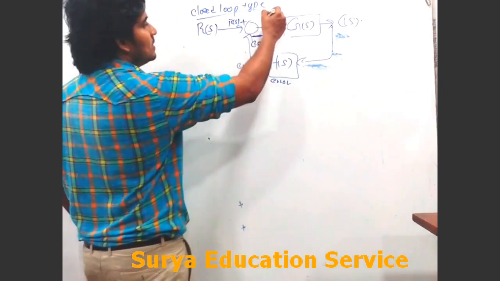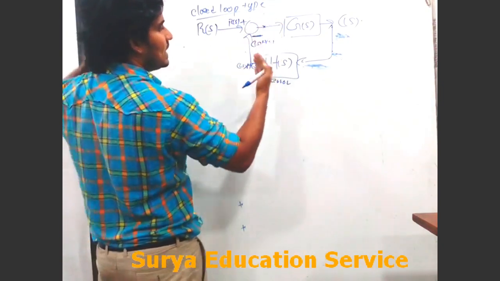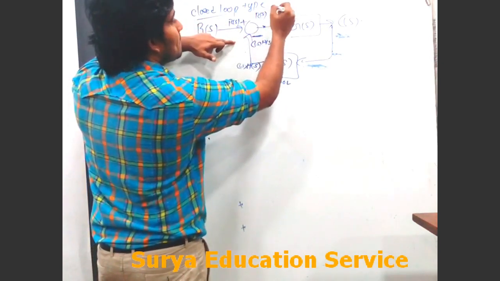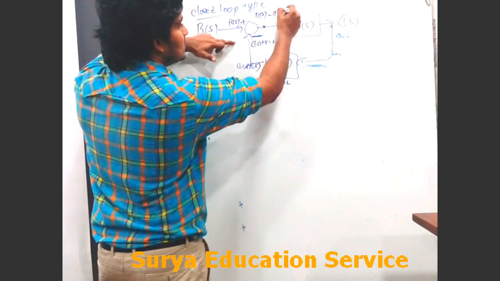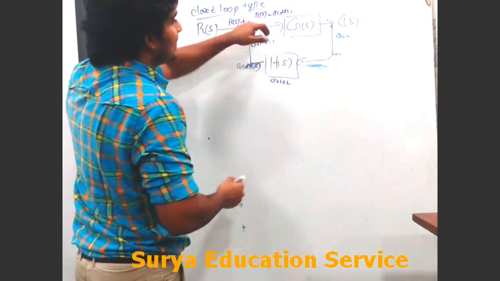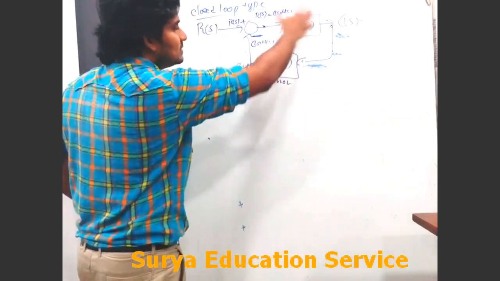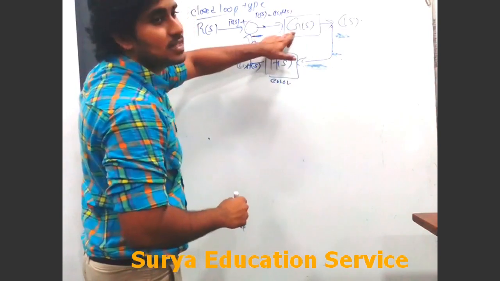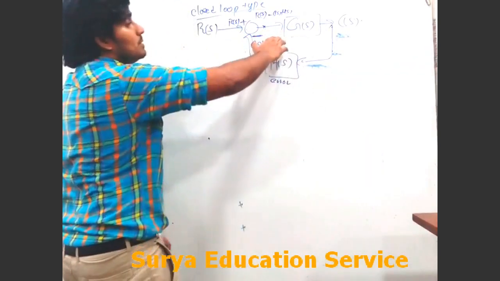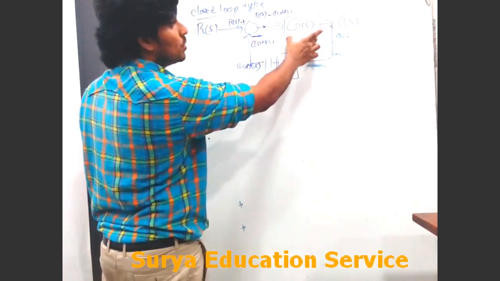After this summing operator, we have the addition, which is Rs minus Cs Hs. That is what we have here. When that signal comes up to here, it meets the forward block Gs, so it is multiplied by this block.